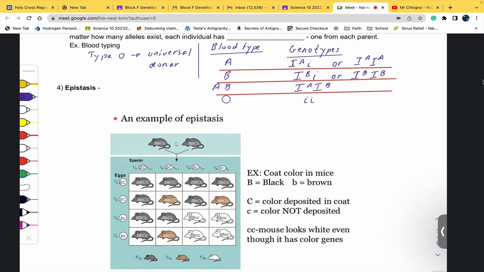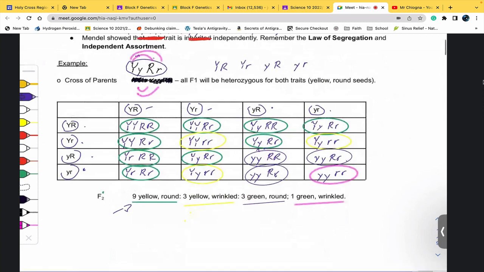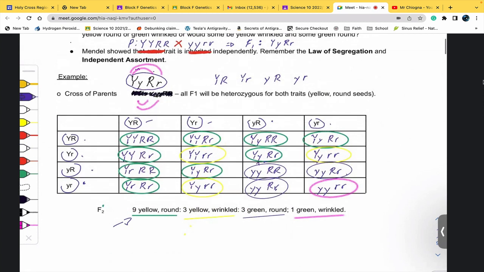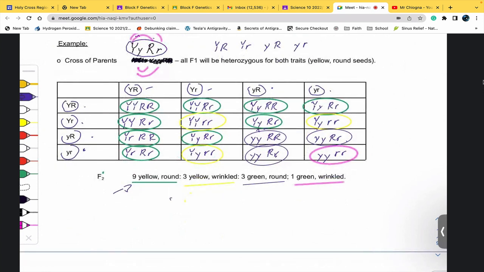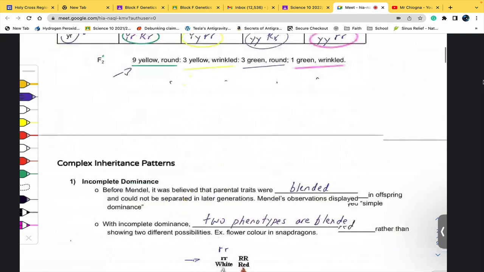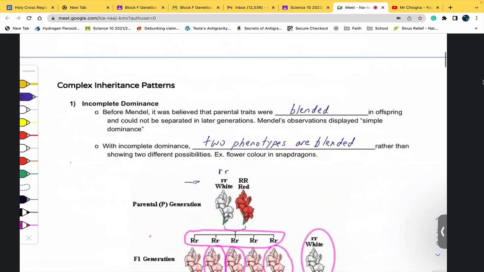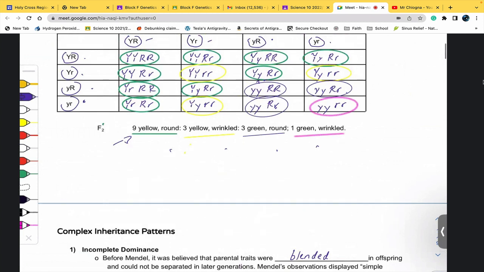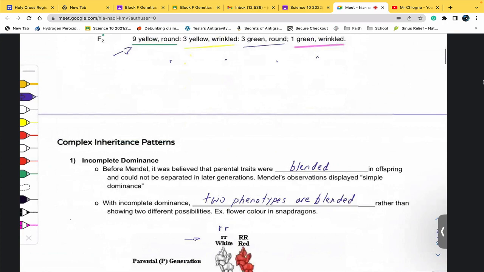Next, epistasis. Epistasis is just, we go back here, it's another type of dihybrid cross, except it's not going to end up in the ratio that we expect, where it's 9, 3, 3, 1. It works out to be, I believe, a 9, 3, 4.